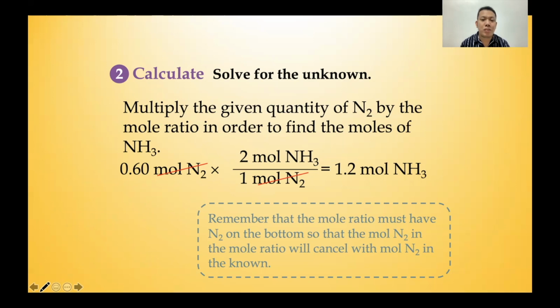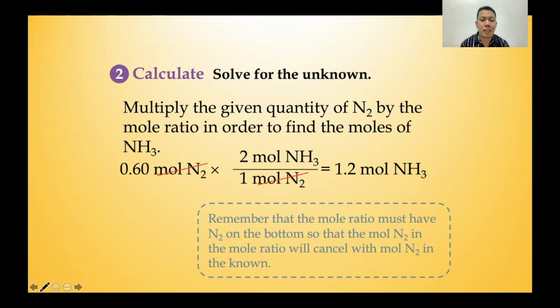You might ask, why is it 2 is to 1? Why not 1 is to 2? If you are going to put 1 mole of N2 on top instead of as a denominator, you will not be able to cancel mole of N2. So you have to remember that the positioning of the ratio will depend on how you are going to cancel it.